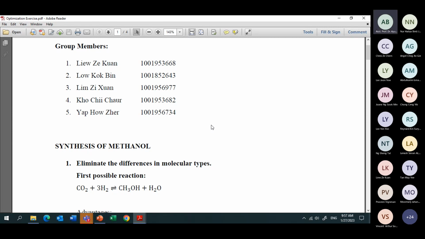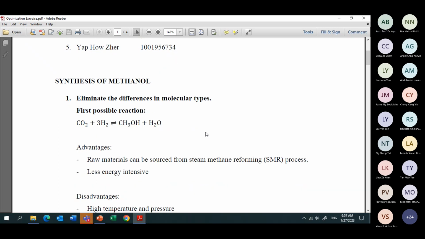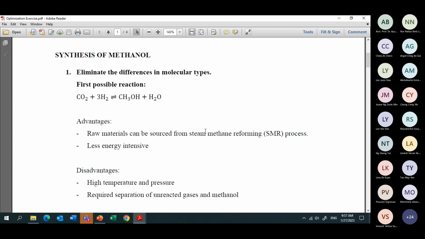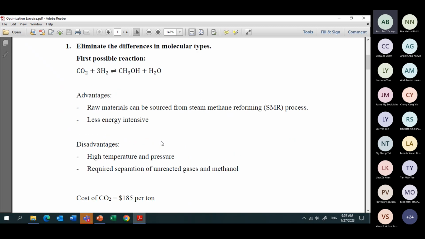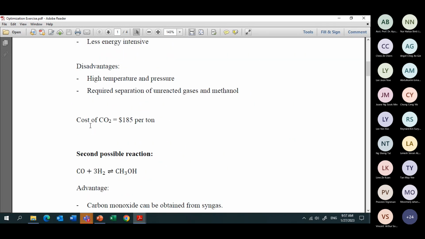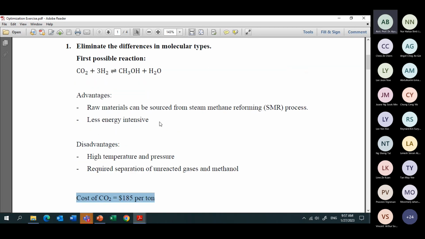Okay, now move to Laser Kwan group. Synthesis of methanol. Compare a few reactions. Cost of CO2. So you should include the product price as well.